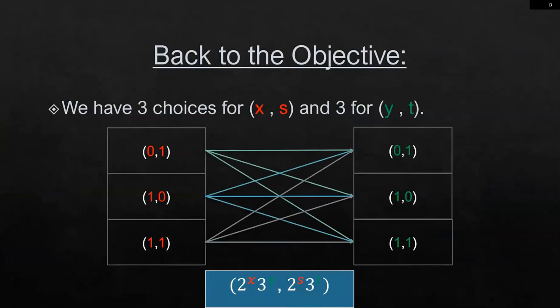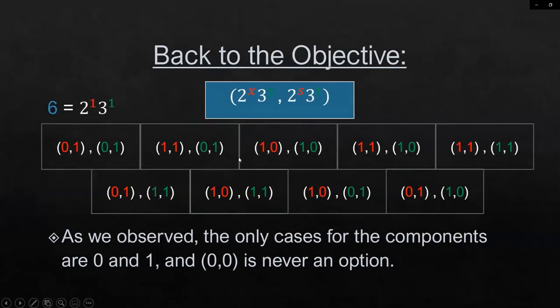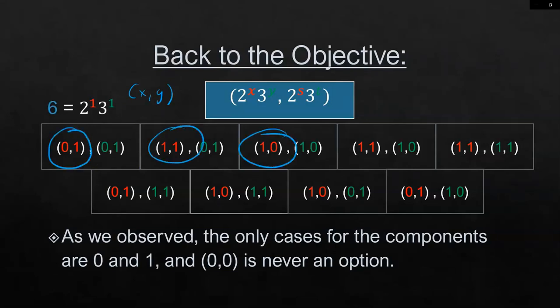So this I want to actually talk about. You see that for x, y, there are only 3 possible choices here. This one, and this one. For the red pairs, which are the powers of 2, we have only 3 possible cases.